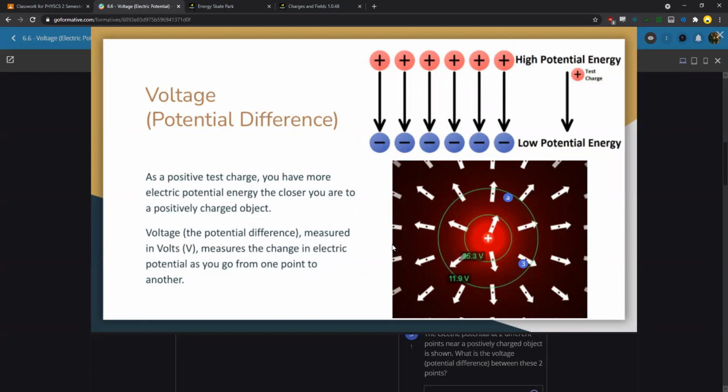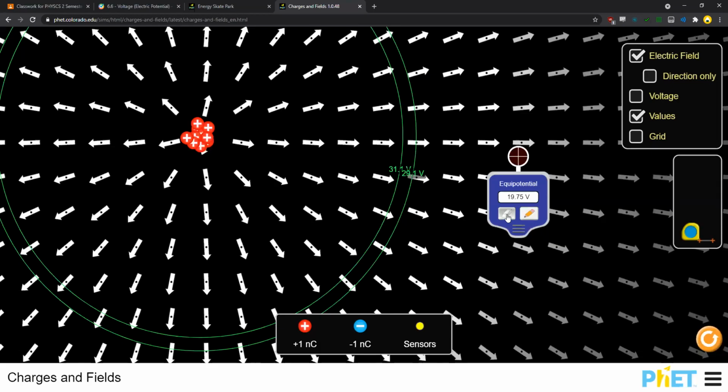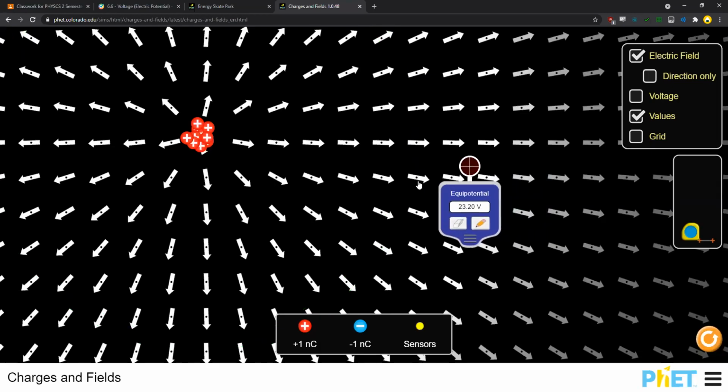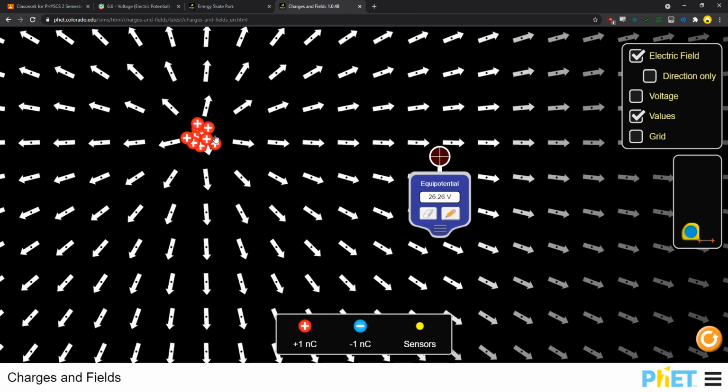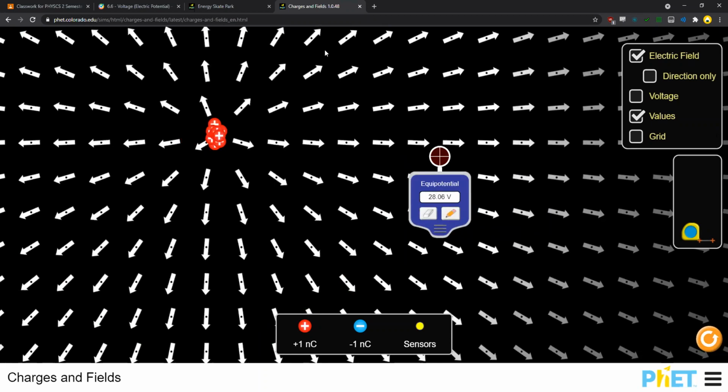So number 3. I'm gonna introduce to you 2 vocabulary words. If you're a charged object, you're all over here and you exert an electric field.